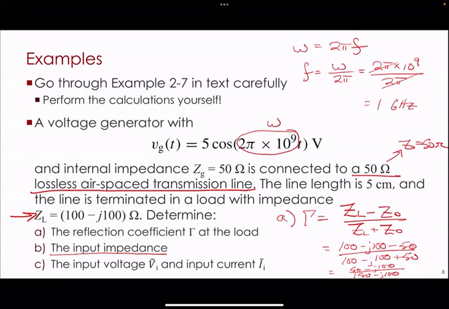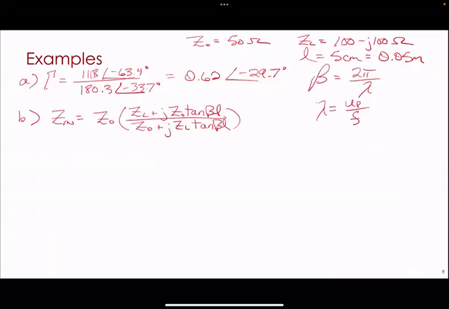So we could do it. We can calculate lambda, then we calculate beta, 2 pi over lambda. Or you could look in the book or at your formula sheet, and you'd see another equation for beta that's totally equivalent, which is that.